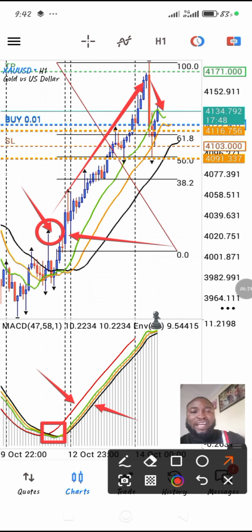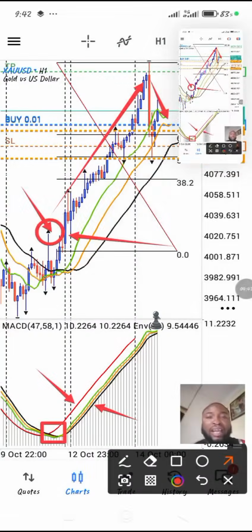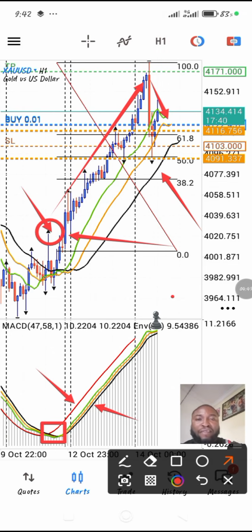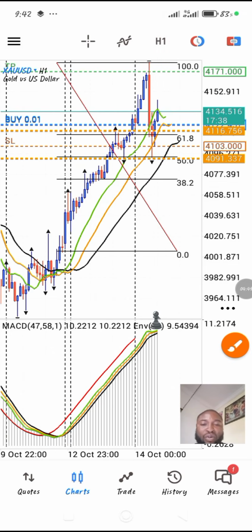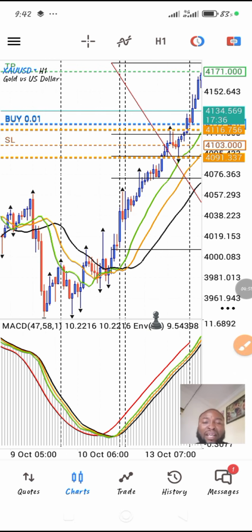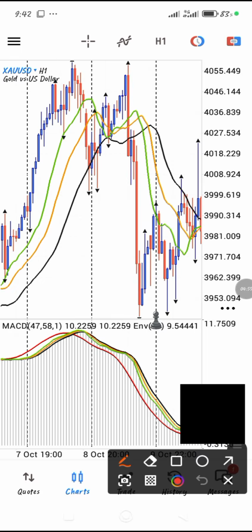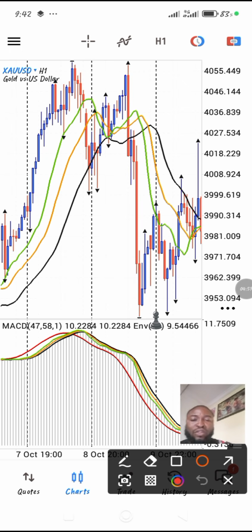When we realize there is a pullback, okay, we shoot our short immediately after the Fibonacci retracement touches our 50% level around that side. Okay, now let me show you another entry towards uptrend. Okay, here is the signal to sell. Look at the cross here.